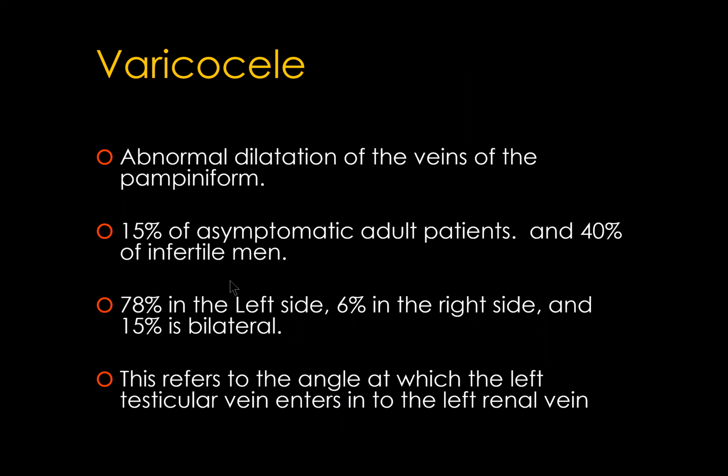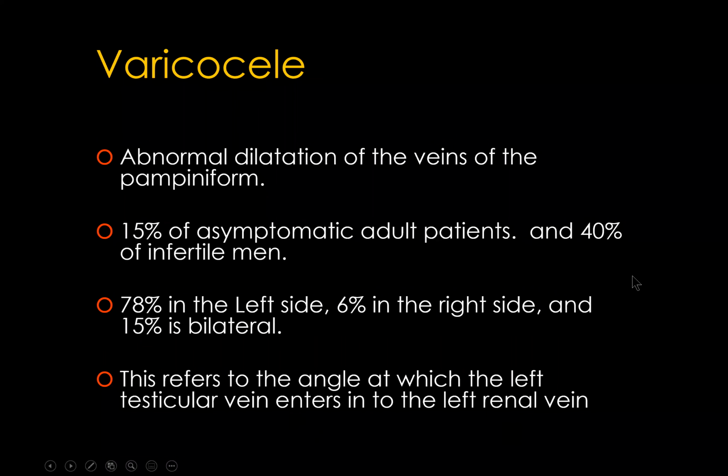The varicocele is present in up to 15% of asymptomatic adult patients, and 40% of infertile patients might show varicocele. 78% of it is on the left side, and only 6% is on the right side, and 15% are bilateral. And this refers to the angle at which the left testicular vein enters the left renal vein.